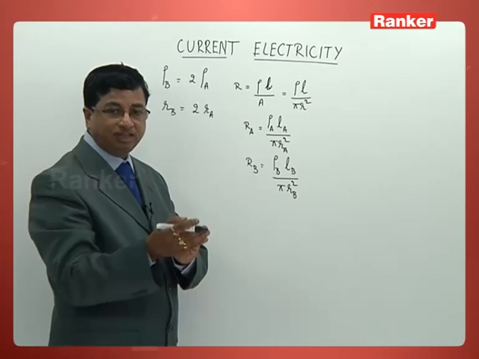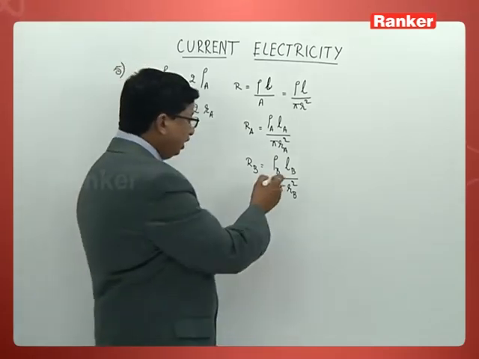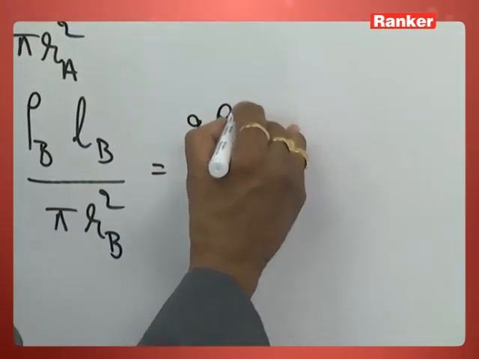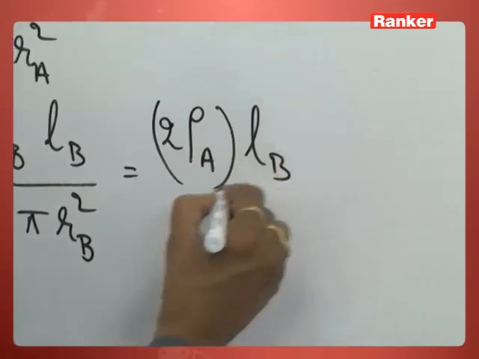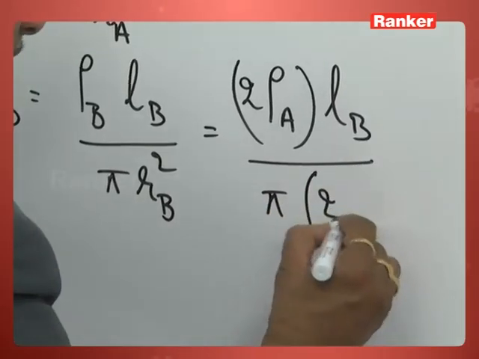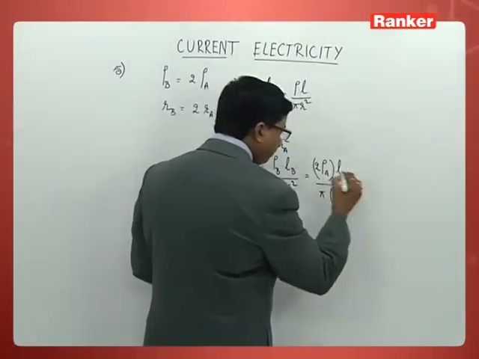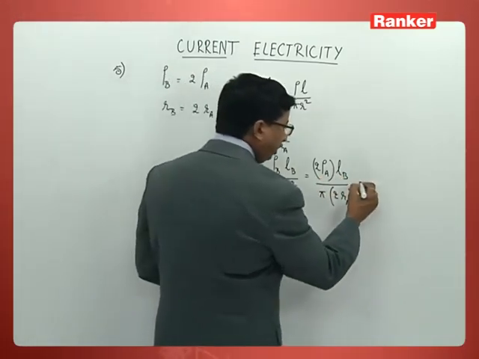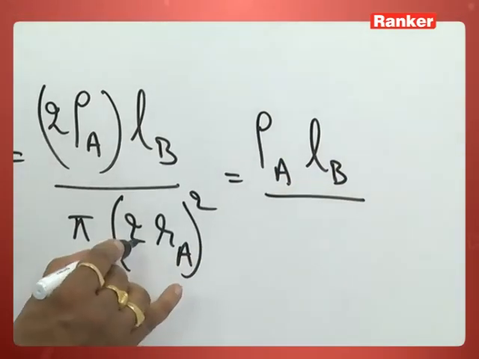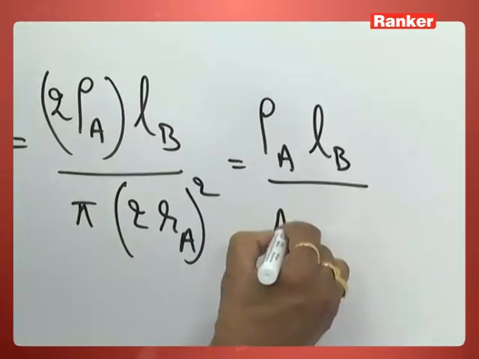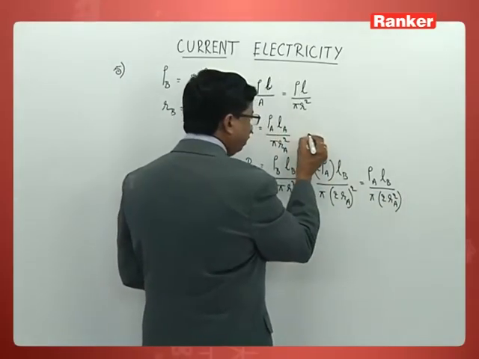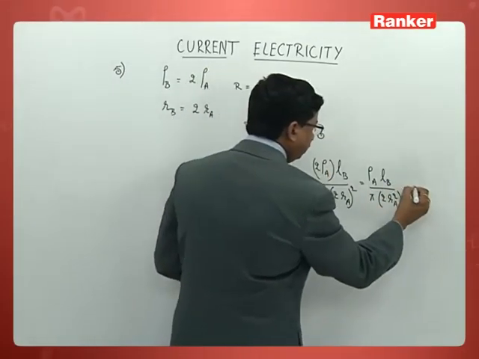RB is twice RA. That is the relation mentioned. So let us write those values. Rho B is twice rho A into LB divided by pi, RB is twice RA whole square. So how much is it now going to be? It is rho A LB by, this being 4, 2 gets cancelled, so pi into 2 RA square. That is the first equation, and this one is the second equation.